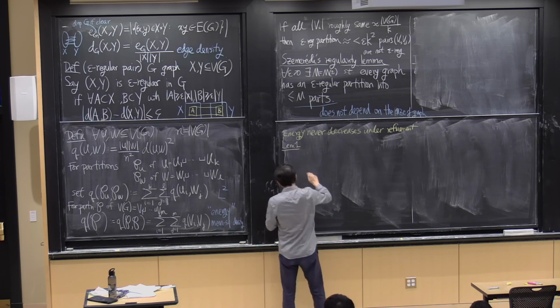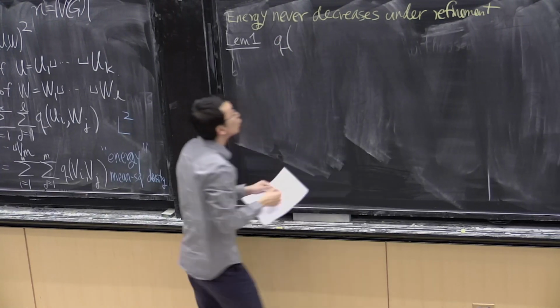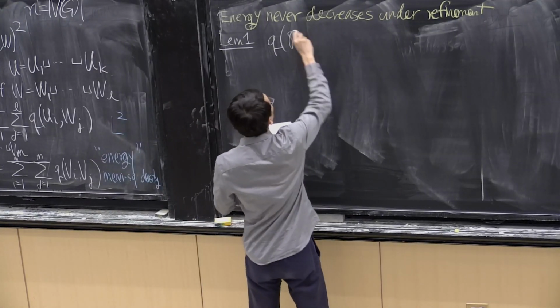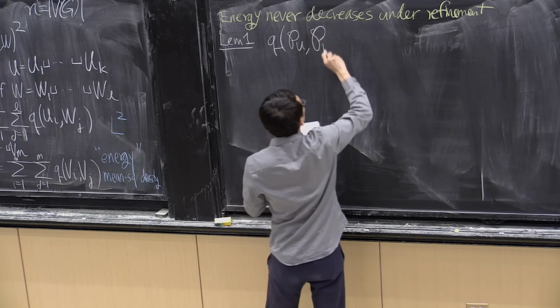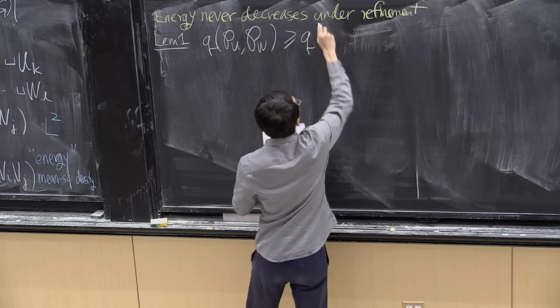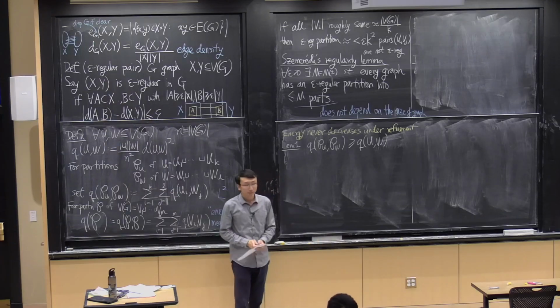Okay, so the first lemma is that if you look at the energy between a pair of partitions, it is never less than the energy between the two vertex sets.